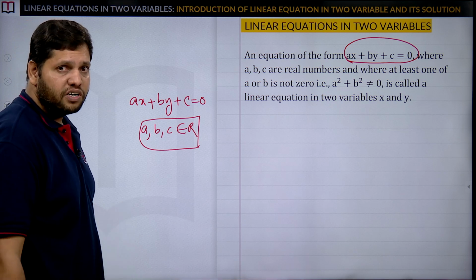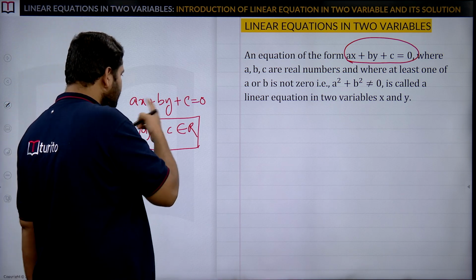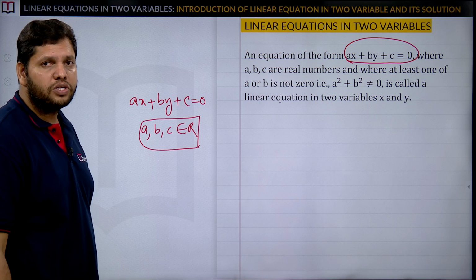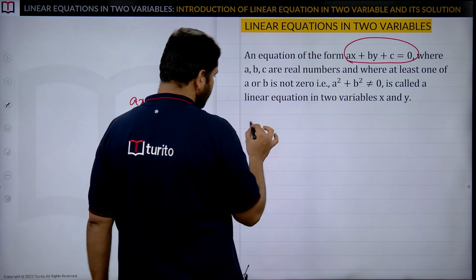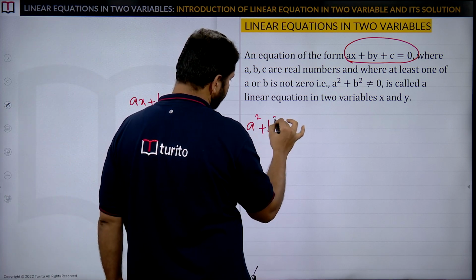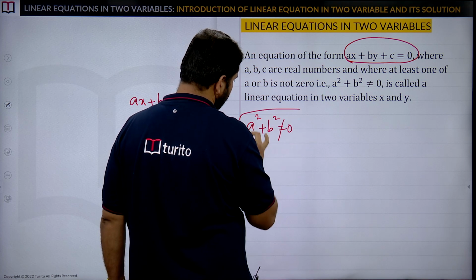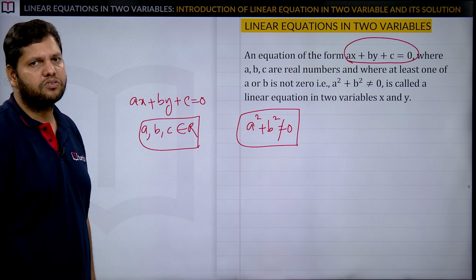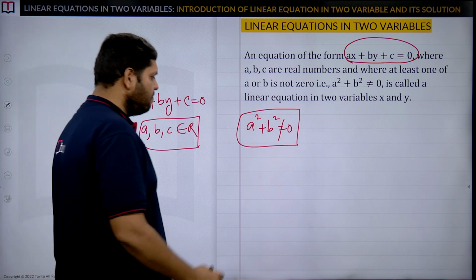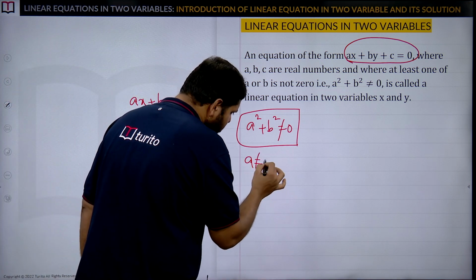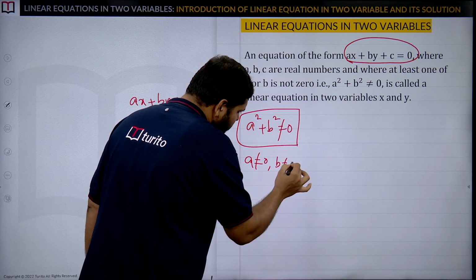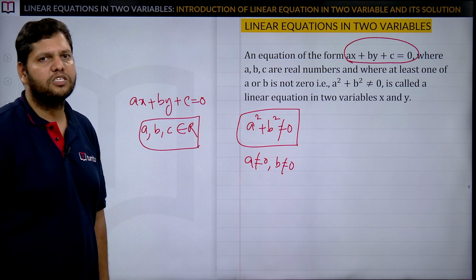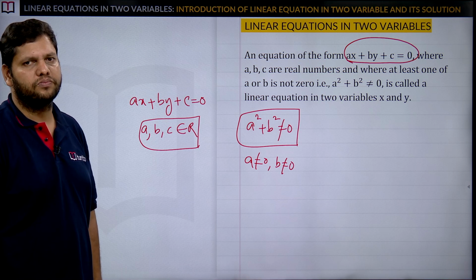One more condition is that a and b both should not be zero. That means a square plus b square is not equal to 0. Children, can you tell me when it happens? a square plus b square is not equal to 0 means when a is not equal to 0 and b is not equal to 0, then only we can say a square plus b square is not equal to 0.